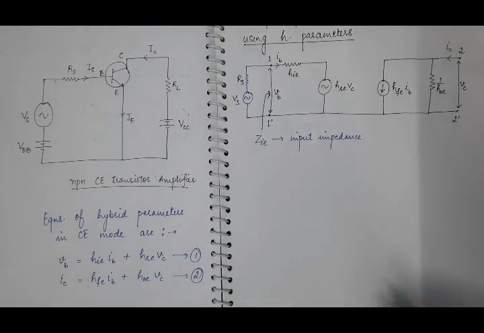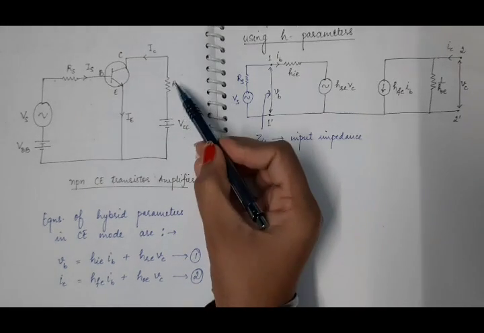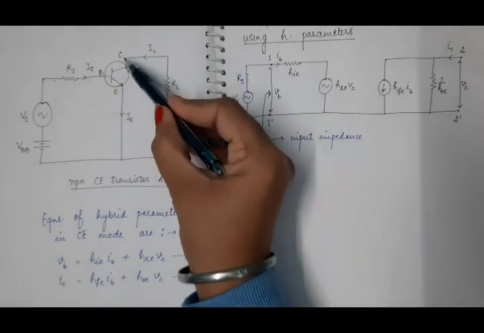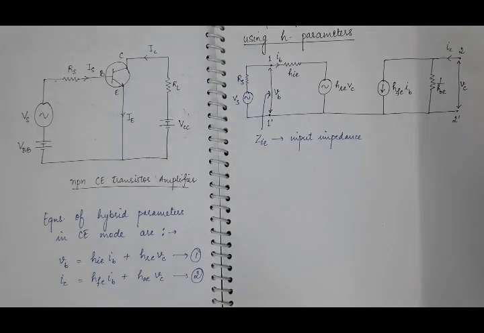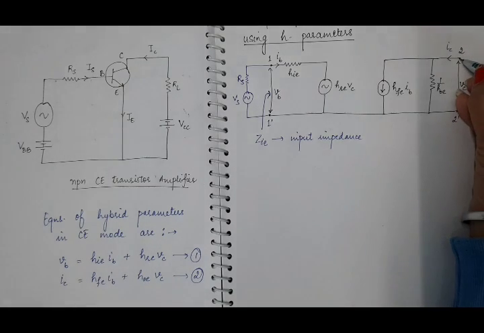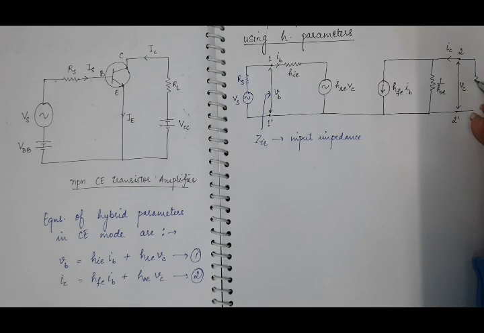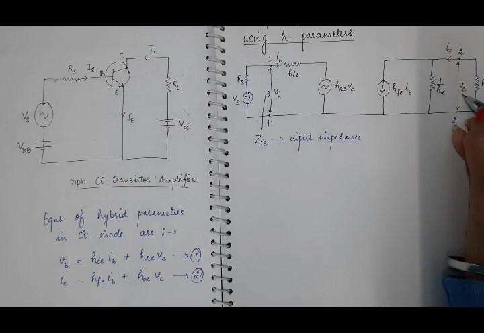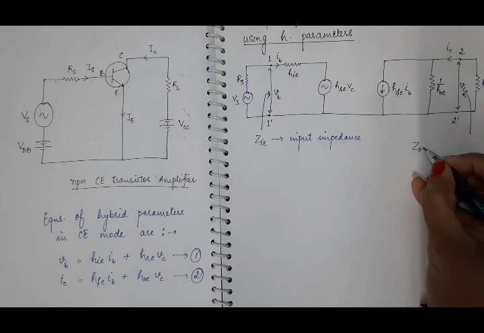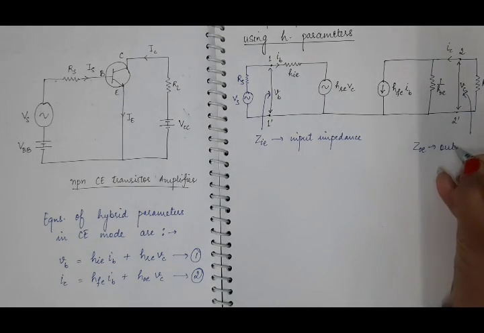Similarly, on the output side, we have load resistance RL connected to the collector. So to this output port 2 connect load resistance RL. And suppose of this whole output port, ZOE is the output impedance.